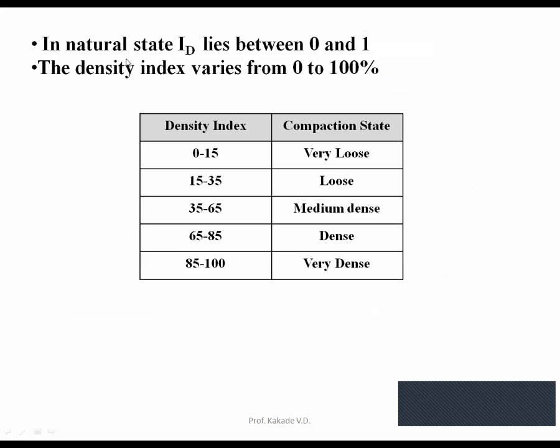In the natural state ID lies between 0 and 1, and the density index varies from 0 to 100%, a percentage representation.